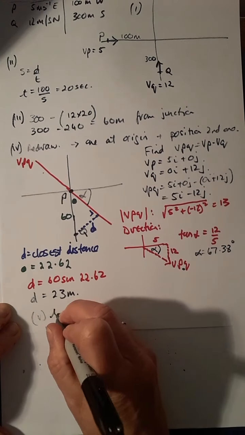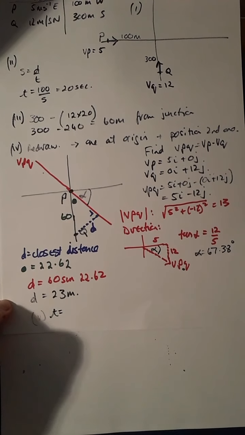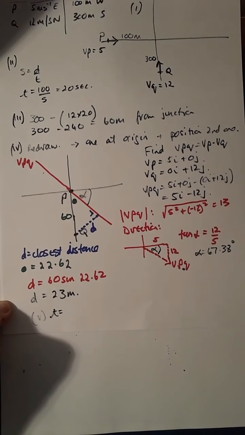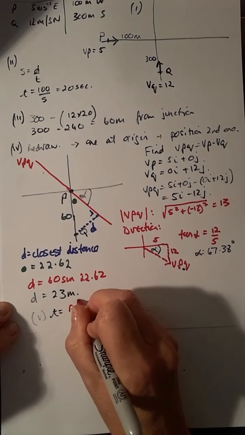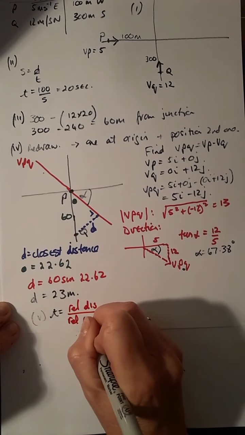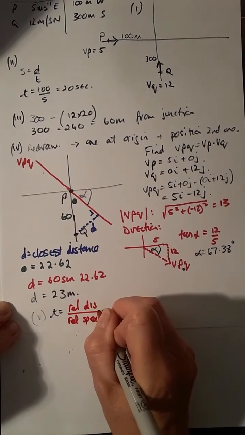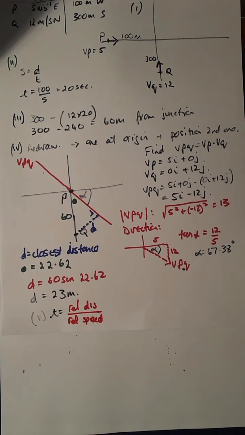So the time for this to happen, in this case, is the relative distance divided by the relative speed. So all my information must come from the red line, because that's the relative line.